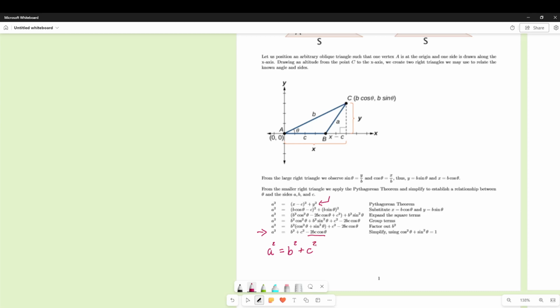Because if you look at a squared equals b squared plus c squared, that looks a lot like Pythagorean theorem, where this is a hypotenuse and those are each legs of a right triangle. But we know Pythagorean theorem doesn't work if it's not a right triangle. Well, what this tool, law of cosines, does, it essentially builds in a check or a fix for the fact that this isn't a right triangle.